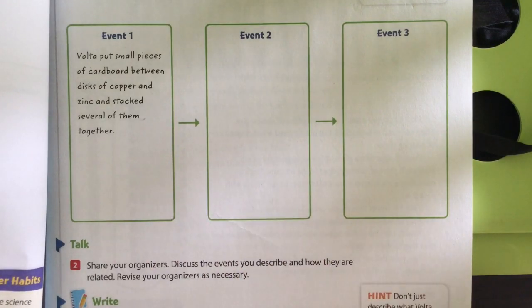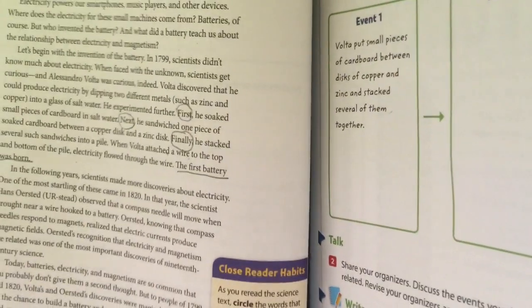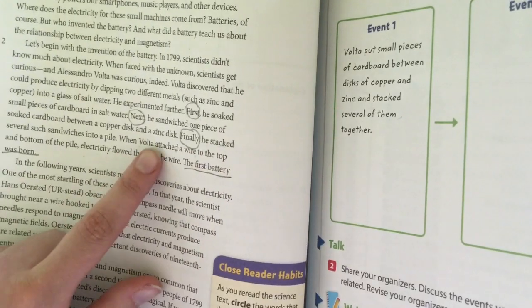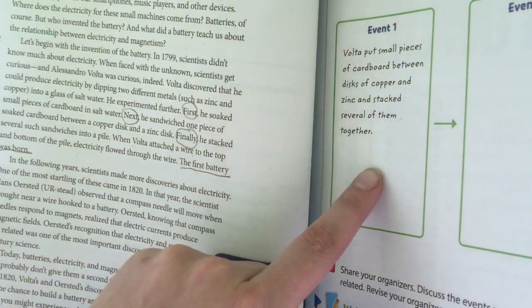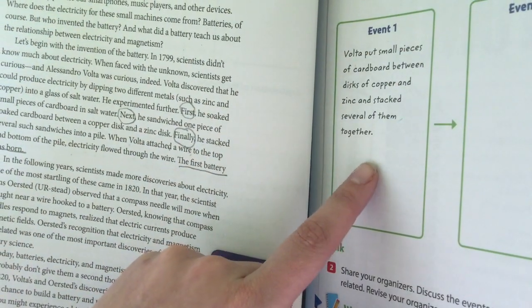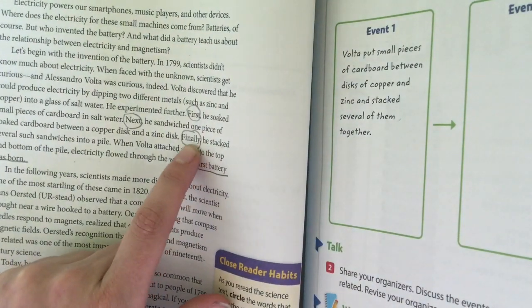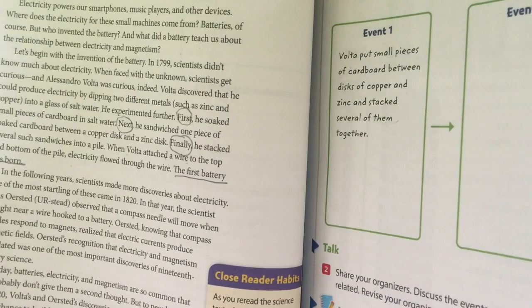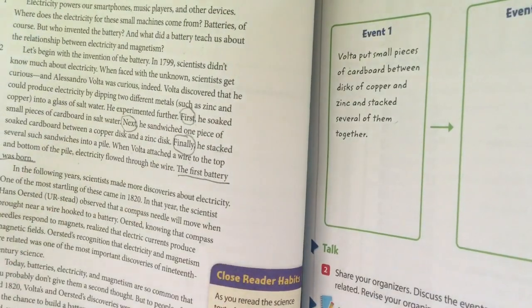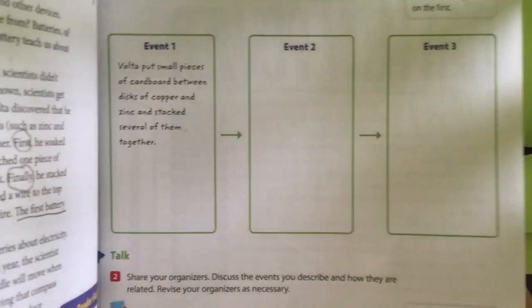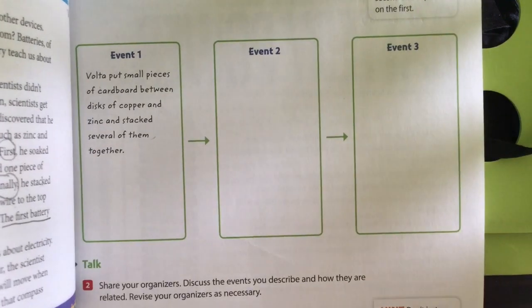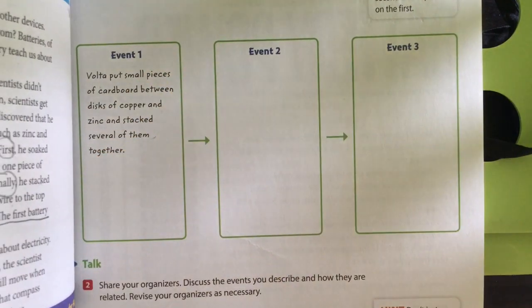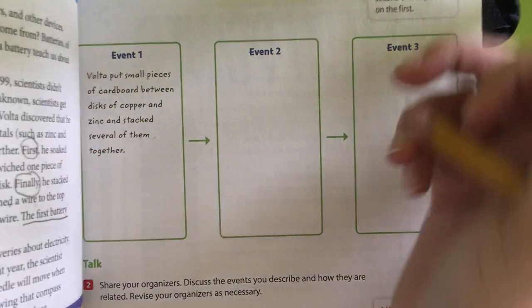So first he soaked it. Next, he sandwiched them, is what they just said. Okay, he put the pieces of cardboard together. So we're going to look at these last kind of details. So when he attached the wire to the top and bottom, electricity then flowed because they combined a few of our steps in event 1.